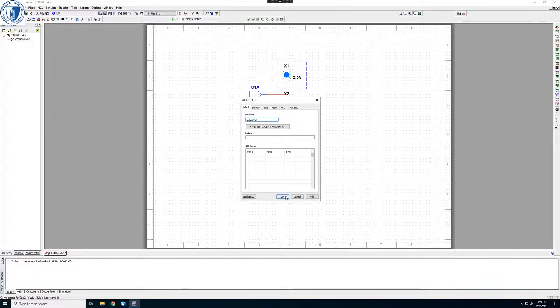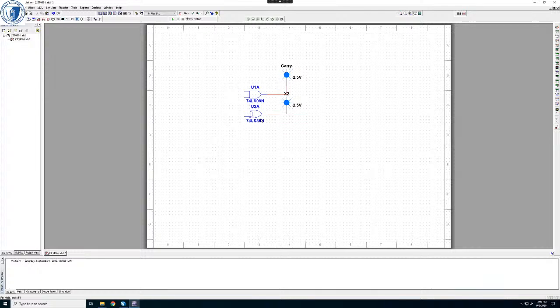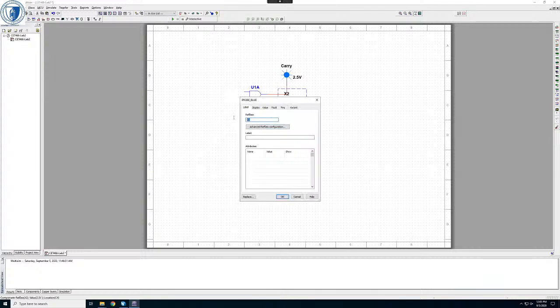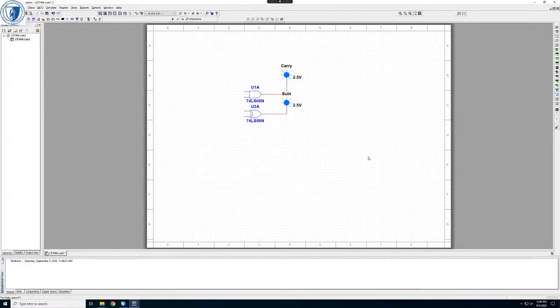Right, that's the carry bit. I can't contain delimiters, so I'm just going to call it carry. Right, and this one, that's called S because that's the sum. Okay.